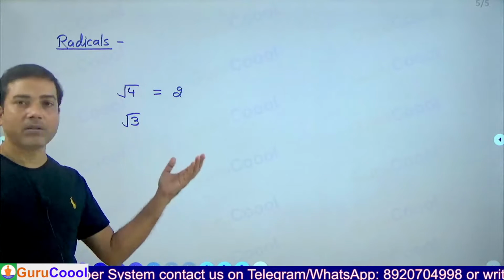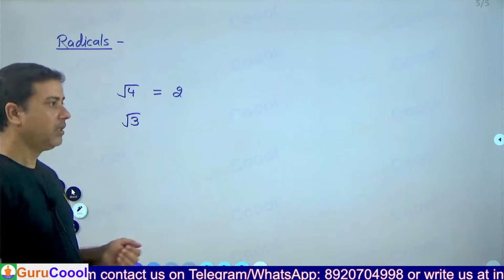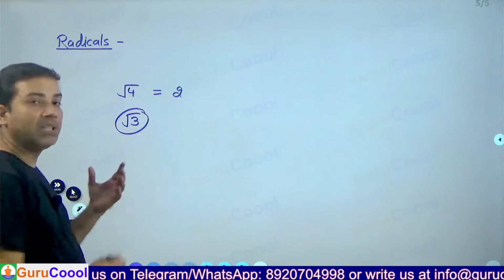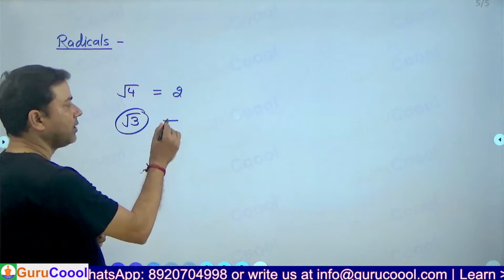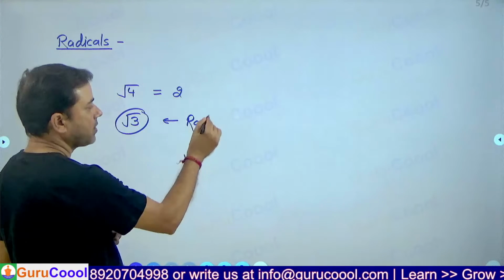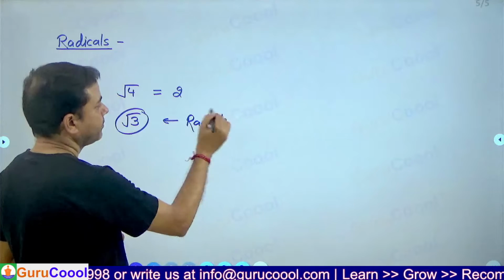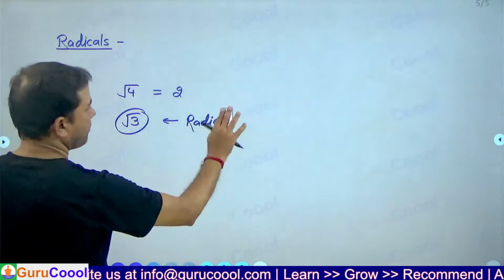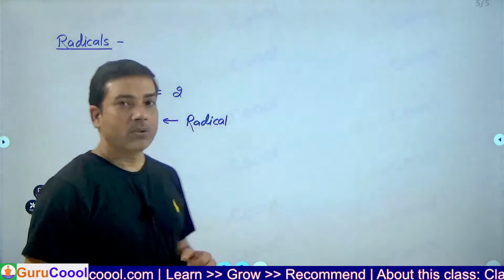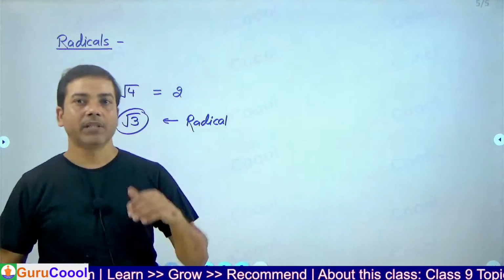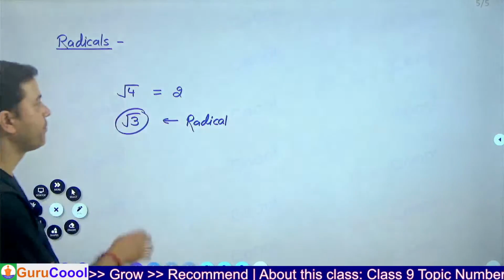Root 3 is not equal to any whole number. So you have to carry it in the same way. It's an irrational number actually. And this is what we call radical. In mathematics, this is radical. So radicals are those expressions with root sign which cannot be removed completely.